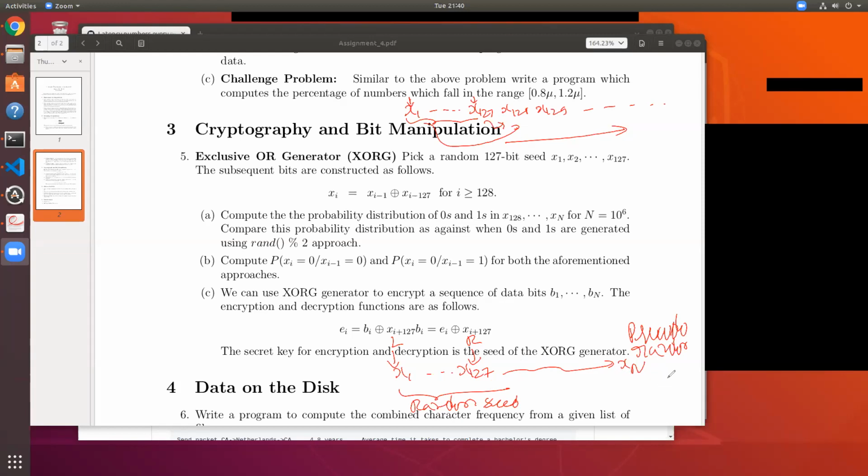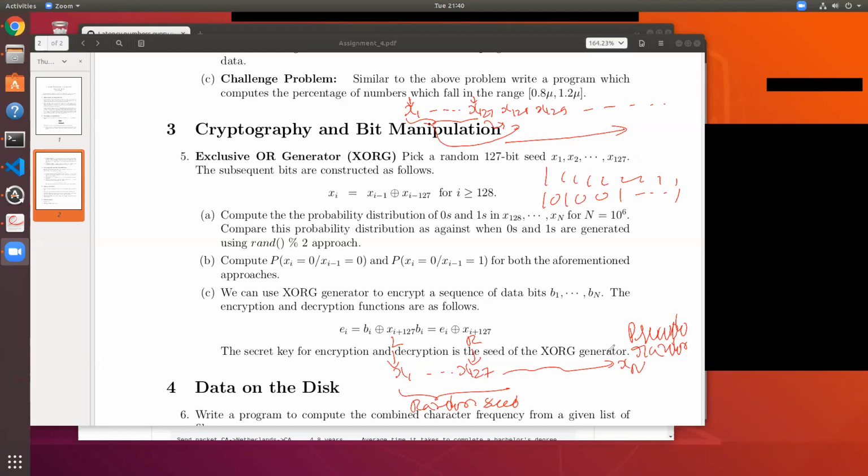If someone gives 1 1 1 1 1 1 1, you just remember one followed by something. But if it is truly random, then you have to remember the whole thing. Here these n bits are not truly random, because if you know the first 128 bits, then everything else you can compute.